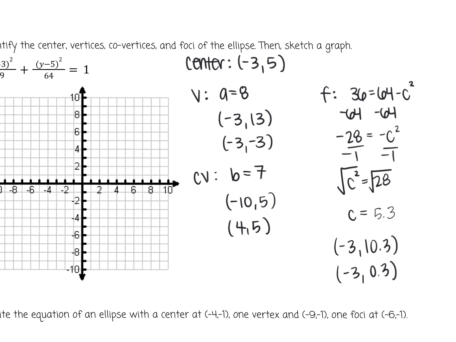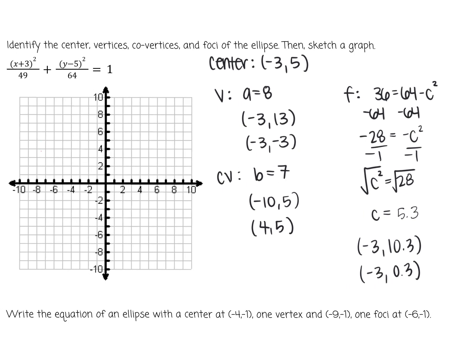Now I can graph the ellipse. So I start with my center at (negative 3, 5). I don't have enough room to graph the point (negative 3, 13), but it's somewhere up there. Then (negative 3, negative 3) for our second vertex.